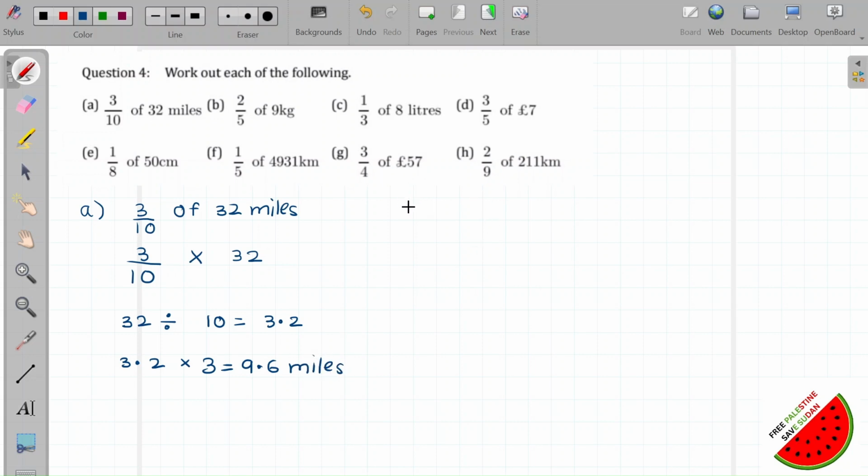Now, the second way of doing A, I start off by doing the same 3/10 multiplied by 32. I convert this into a fraction, and what I try and do is I try and simplify the fraction. So when you're multiplying fractions, you multiply across the same level.